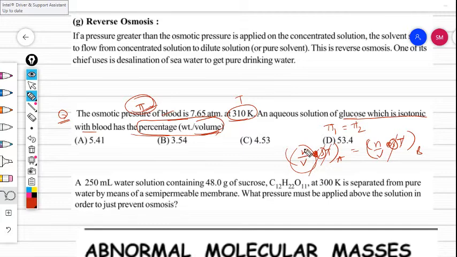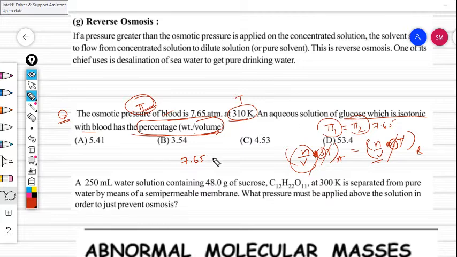What you need to calculate: he hasn't given the n by V value, and he has given the phi 1 value, but hasn't given the phi 2 value, but indicated that it is isotonic. So phi 2 is 7.65. Now you need to calculate the n by V value. Substitute phi 2 as 7.65. Is any volume given?